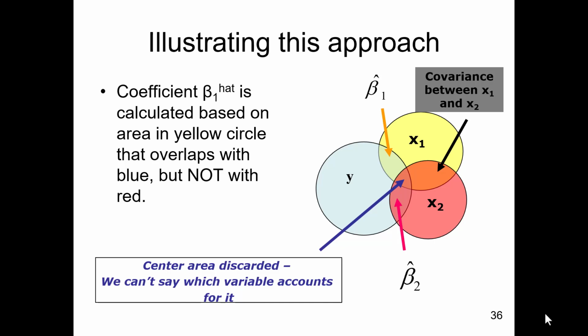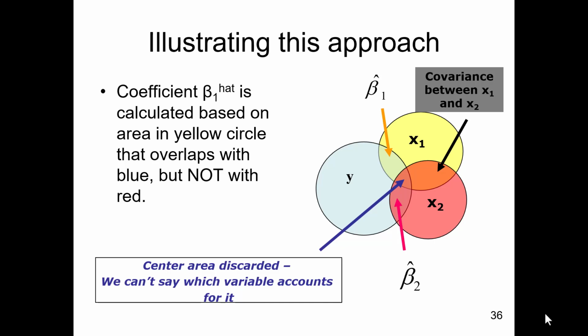We're excluding the covariance between x1 and x2, because they're going to be associated. So multivariate regression does all this complicated math to identify the independent relationship, independent from x2 and other variables, of how much variation x1 is accounting for in y, and how much variation x2 is accounting for in y.